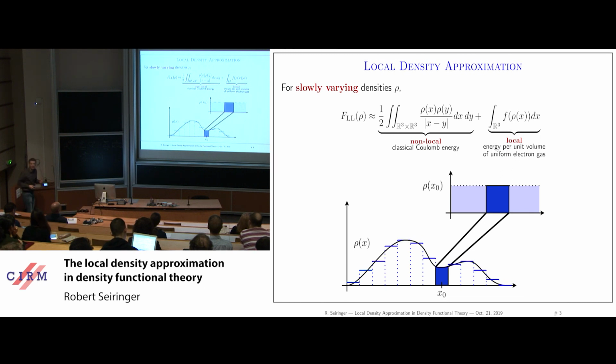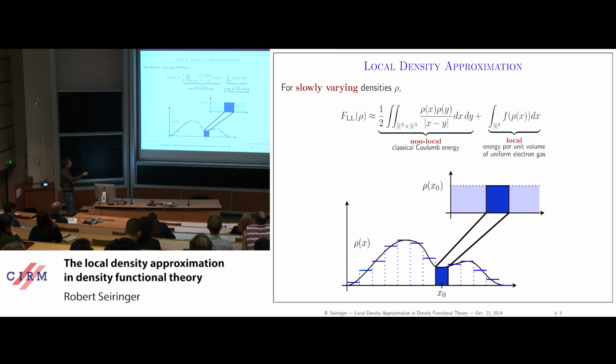But if we subtract that, then the rest should be essentially local. That's what this approximation sign means. Local meaning it's given by a function that depends on the density at the given point x, and then we integrate over x. This would be the local density approximation to the functional where the direct Coulomb energy has been subtracted.